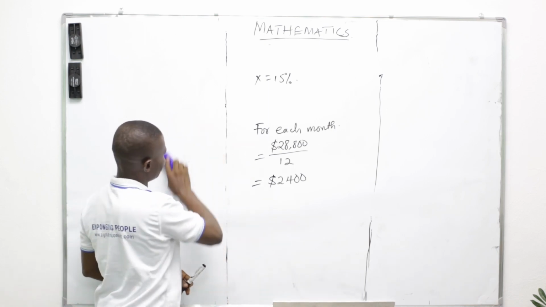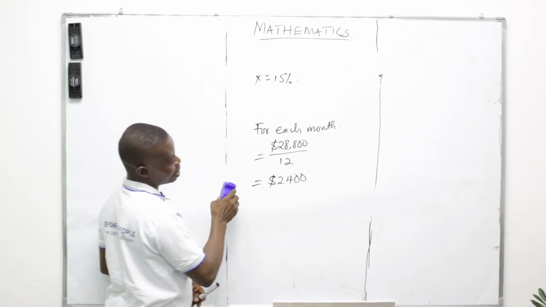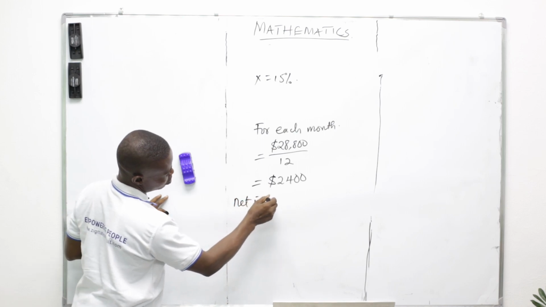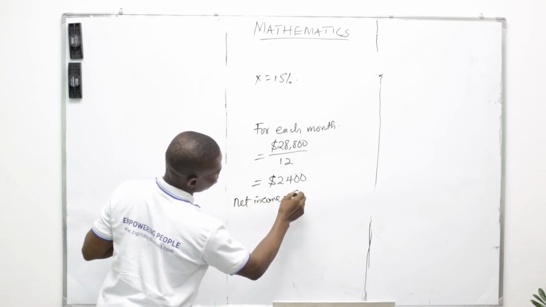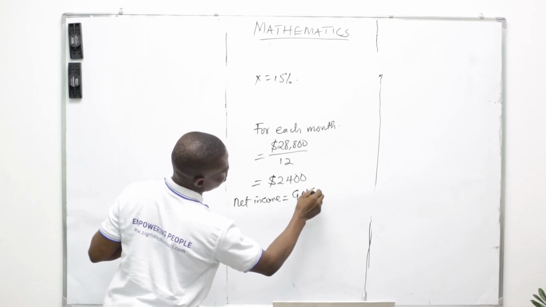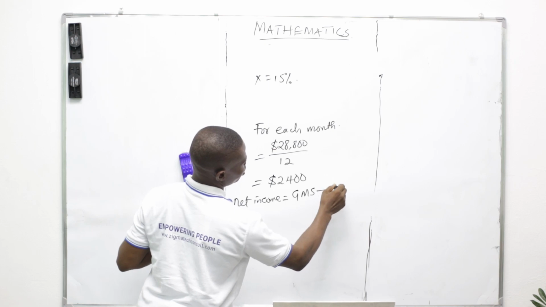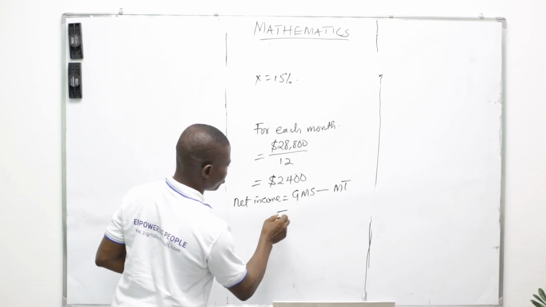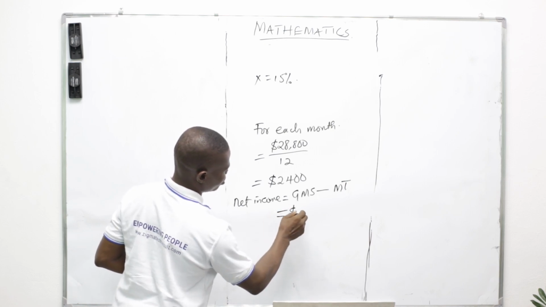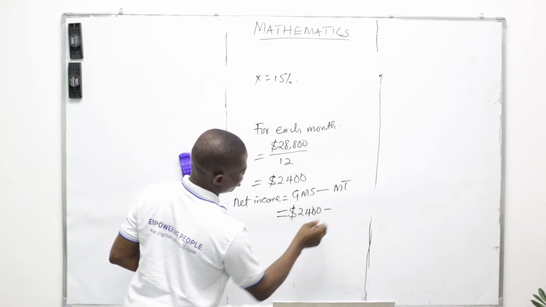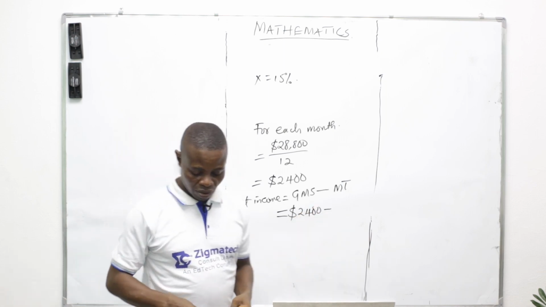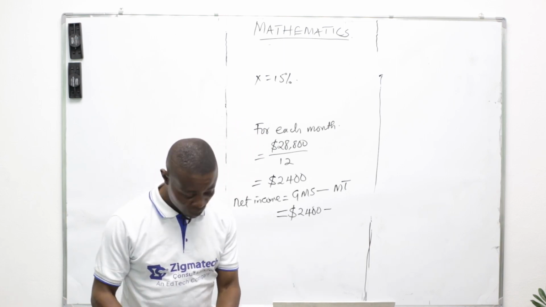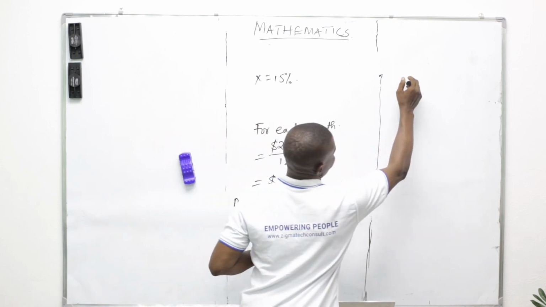Now let us apply our 15% to get net income equals gross monthly salary minus what? Monthly tax. Let us not forget that. Net income equals gross monthly salary minus monthly tax. Our monthly tax, recall it was how much? $288.